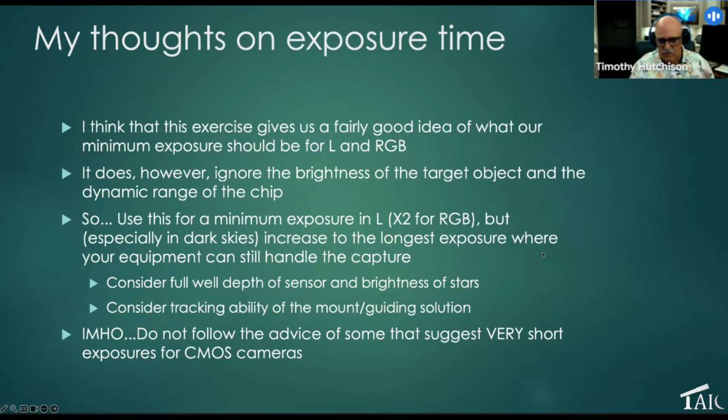That, to me, is much more important than the exercise that we just went through to figure out how noise is impacting our image, right? We need to make sure that we're above those minimums. But the real question is, how long can I go?